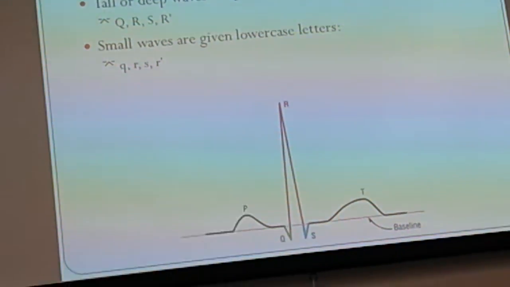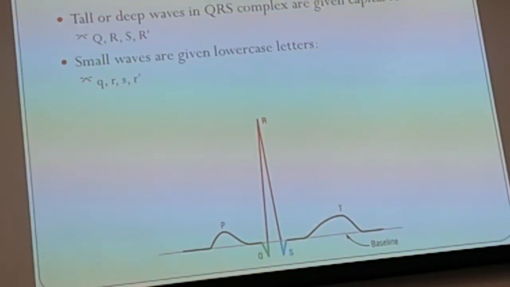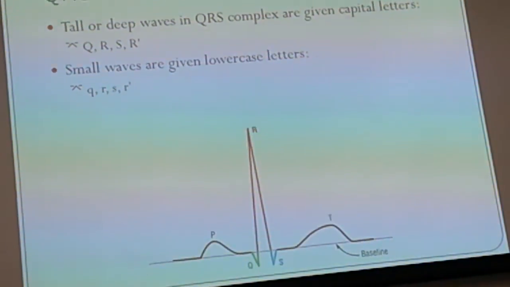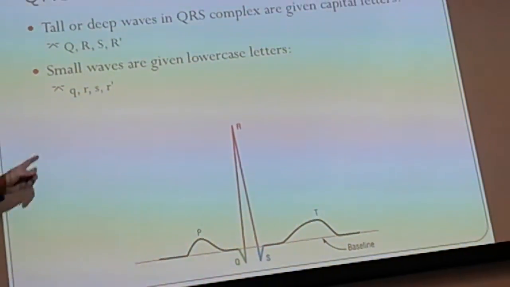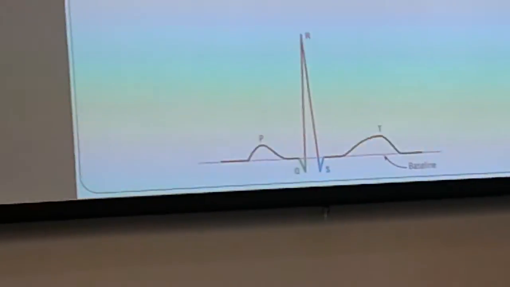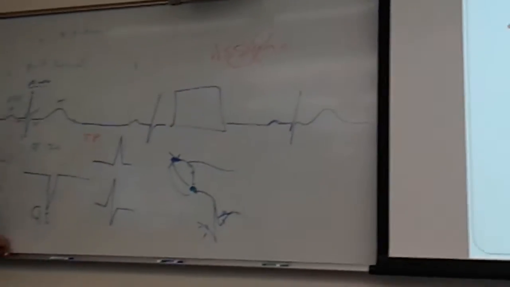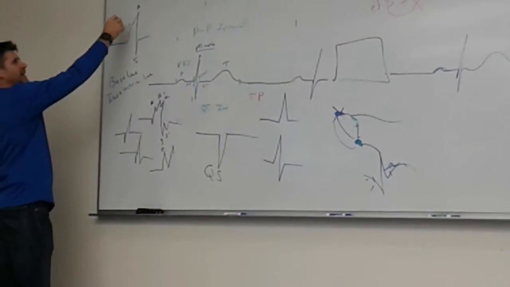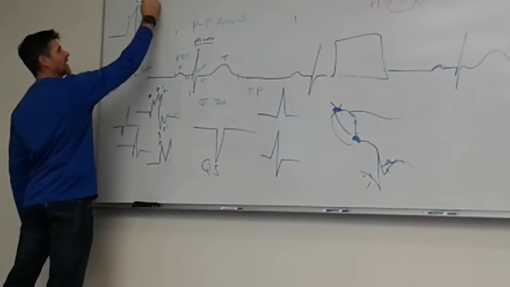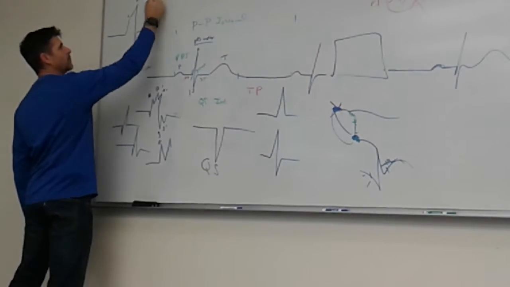There is a little bit of subjectivity to this, I understand. But when we see a big wave, we use a capital letter, and when we see a small wave, we use a lowercase letter. So when I'm writing this one right here, proportionally, I have a tiny R wave, a big R wave, and a big S wave. So I would write little r, big R prime, big S.